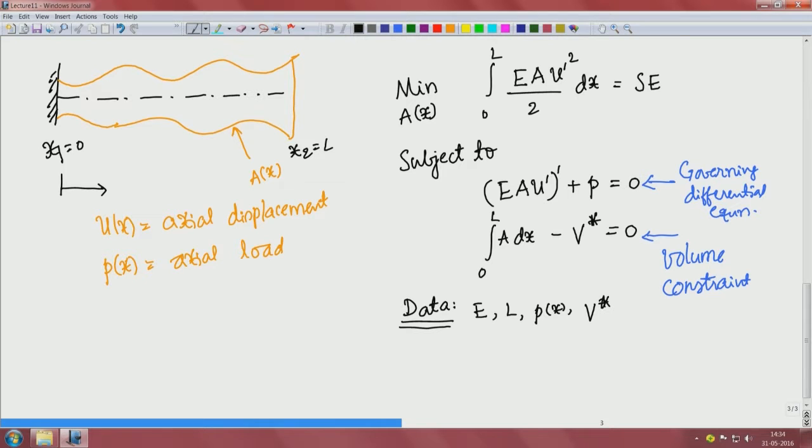So, if you scan through the problem, A of x is a design variable, and A again appears here, and the rest of it is known, right, and then U, of course we do not know because that is not in the data. So, A and U are two functions that we do not know. When you have two functions, they can be governed by constraints.